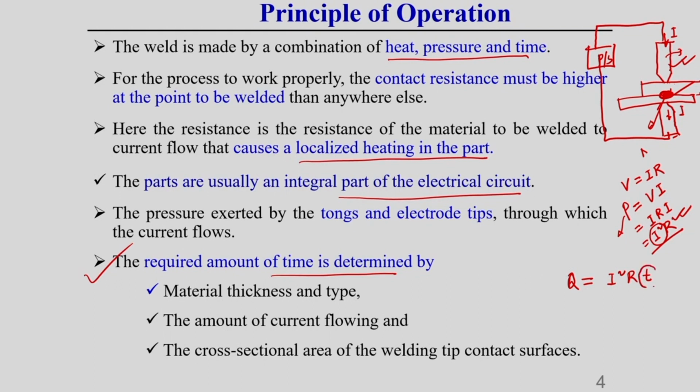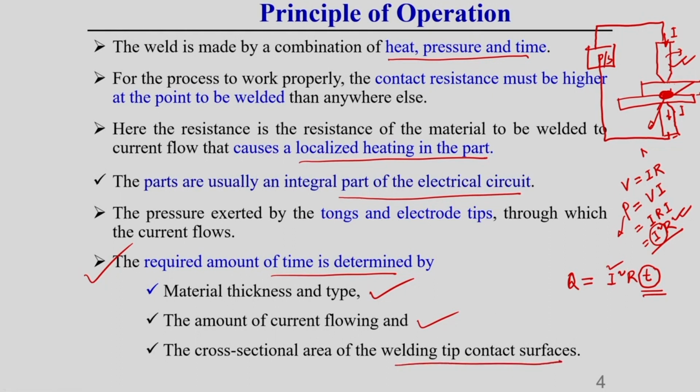So time is a very important parameter in this welding process. The required time is determined by the thickness of the material, the amount of current flow, and the cross section of the welding tip contact surface.